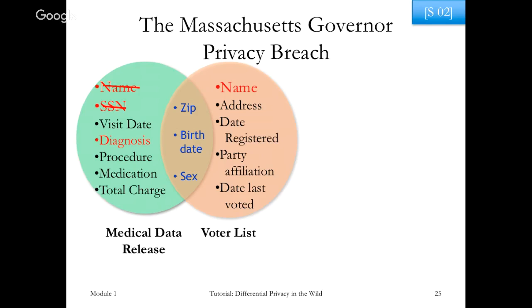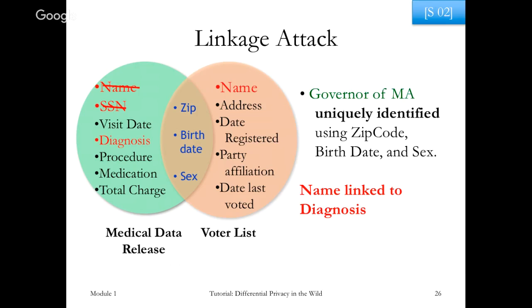Some records were uniquely identified by this combination, and one of them was the governor of Massachusetts. There was exactly one record on the left-hand side and one on the right-hand side, so you could link the name of the governor to the diagnosis, and that is a breach of privacy.